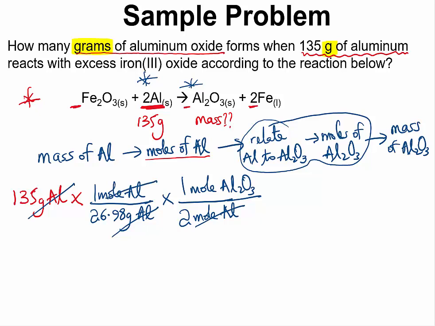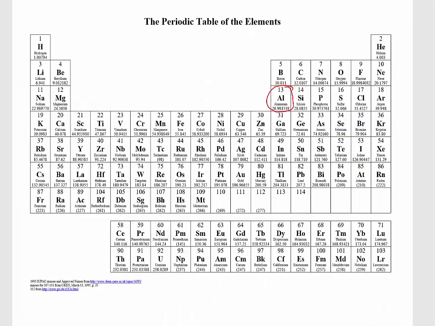Now that I have known the moles of aluminum oxide, I can now convert the mole of aluminum oxide to the mass. And from the periodic table, I would need oxygen.